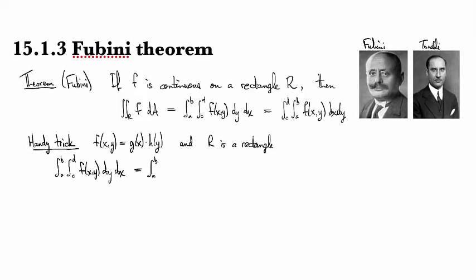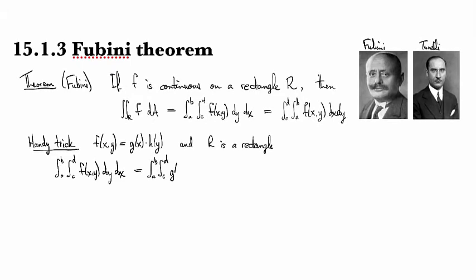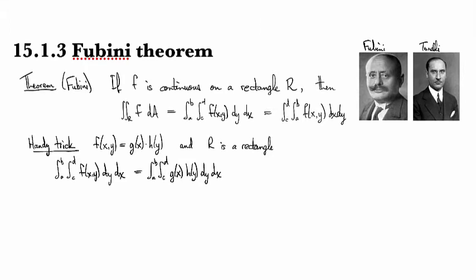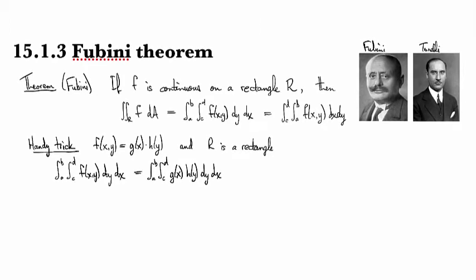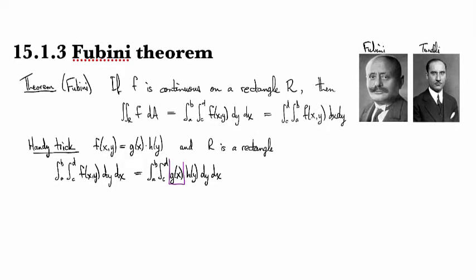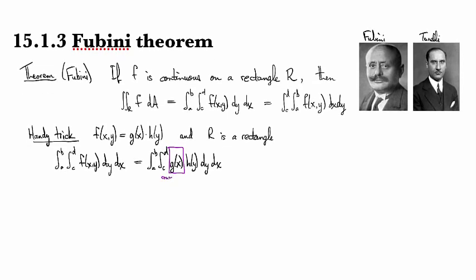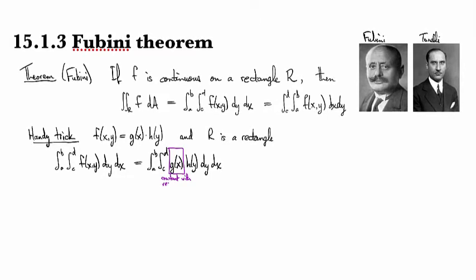then if we put in this formula that we have for the integrand, g of x times h of y dy dx, now let's see. When we are integrating with respect to y, x is a constant, yeah? So any expression in terms of x is going to be constant with respect to y.